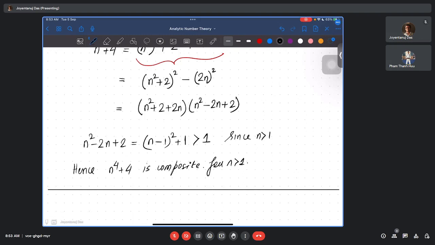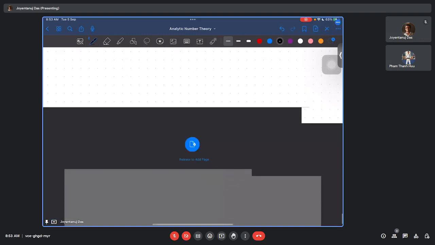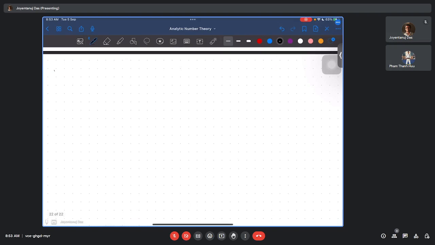The next one is: prove that every n greater than 12 is a sum of two composite numbers.